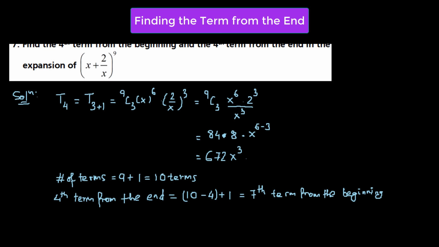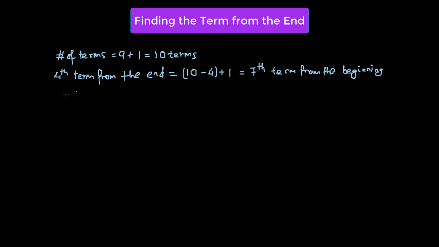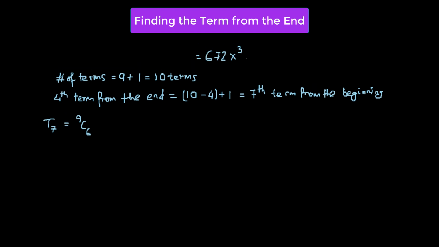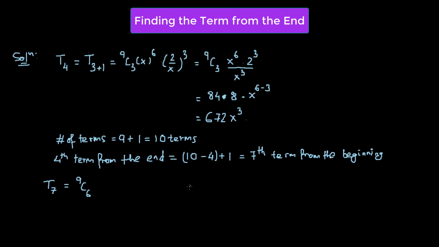So then we have to find now T7. Now T7 is going to be equal to 9C6. So the first term is x, so this will be simply x cubed times (2 over x) raised to the power of 6, which is equal to 9C6.